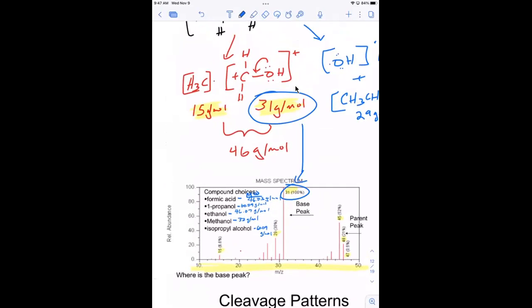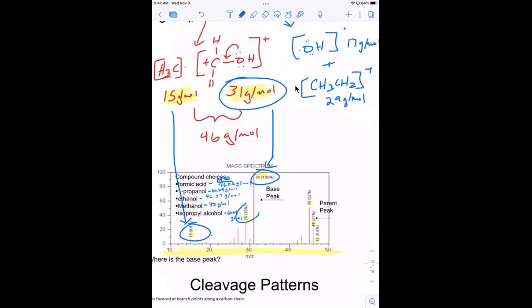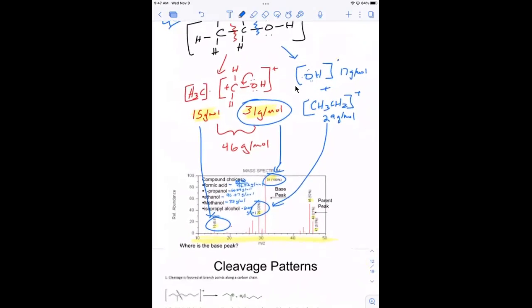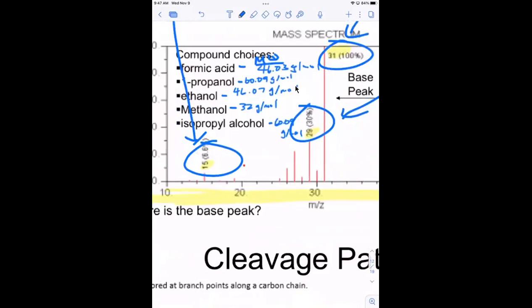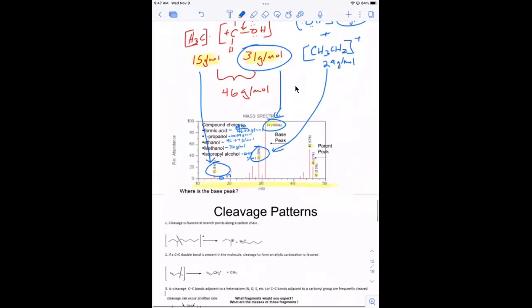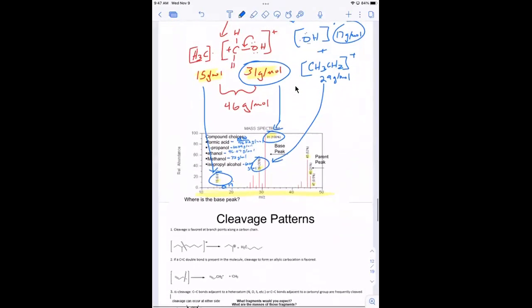We see the peak at 15 here. We see the peak at 29 right here. So all of our peaks are accounted for. And again, at 17, we had it marked off. It was a tiny peak right here. You can see that as well.